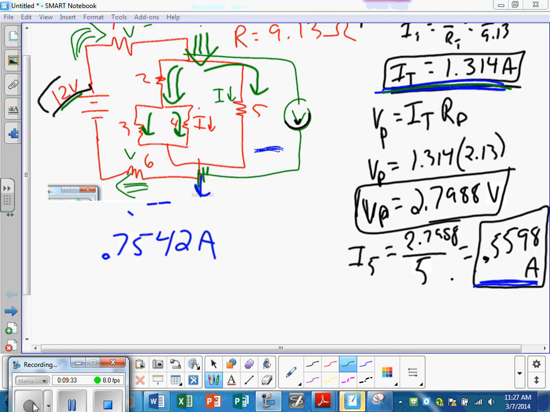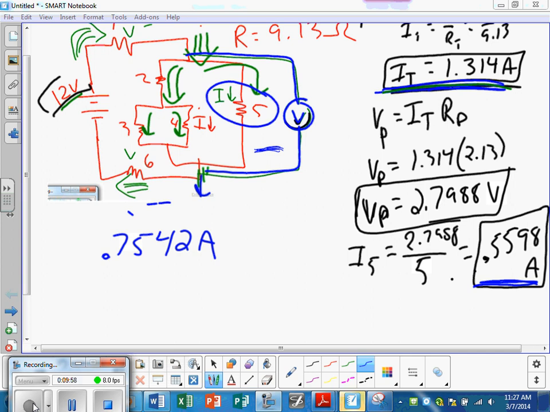We know by definition that the volt drop across this entire parallel part is equal, so if we figure out the current that flows through this part, let's do that. It's 0.7542 amps.